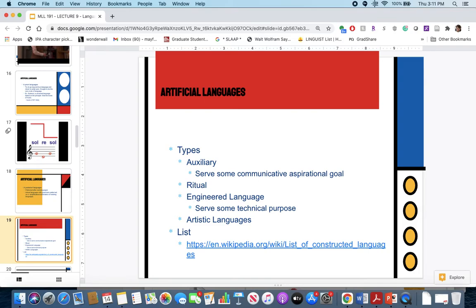And so often, to live in a kind of utopic society, one would create a language and say, we're not going to speak English, we're not going to speak anyone's tongue, we're going to create our own tongue. And this is kind of what they did with some of these artificial languages.